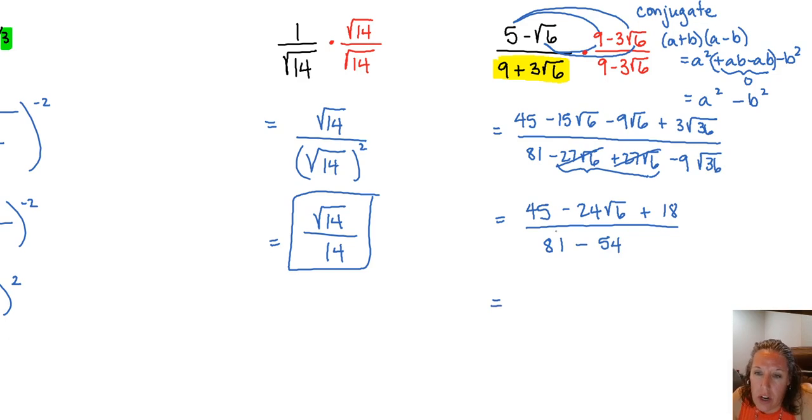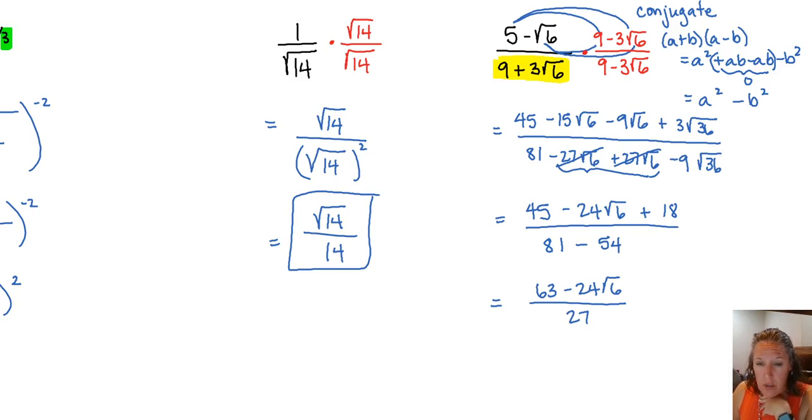So if we add like terms, that's going to be 63 minus 24 square root of 6, and then 81 minus 54 gives us 27. And we do have a common factor.